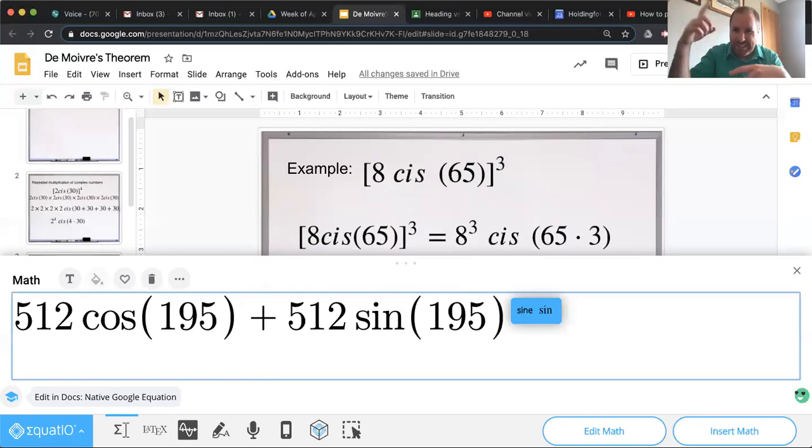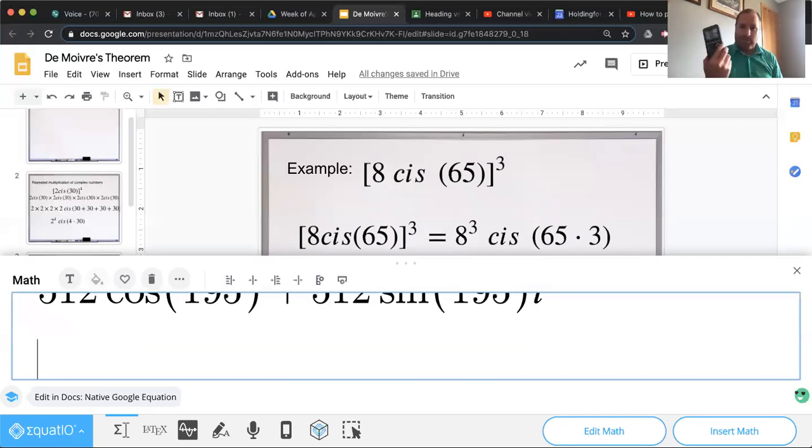And the sine, since that's a vertical component, that'll just be our i value. And then there we can just type that into our calculator to see what that is. So I do 512 times cosine of 195, which is not a nice number. I got to round it a little bit, 0.55.